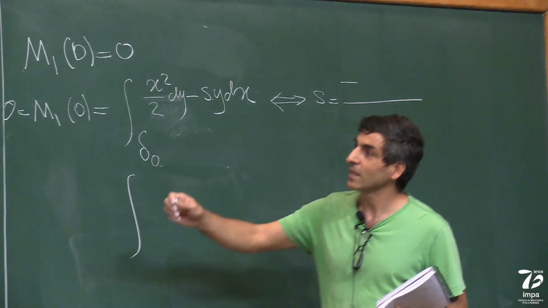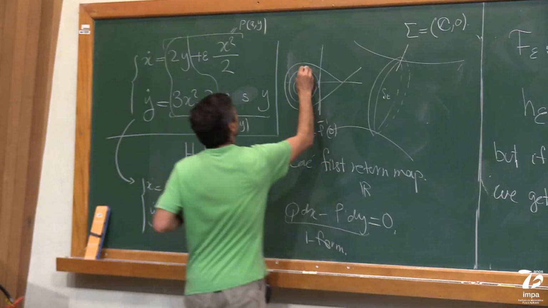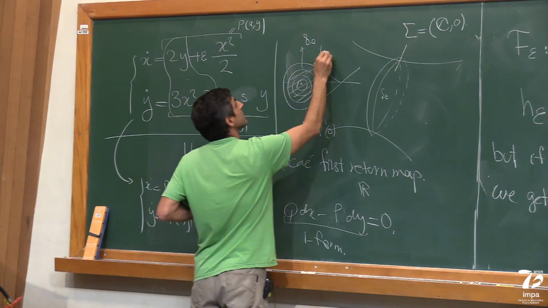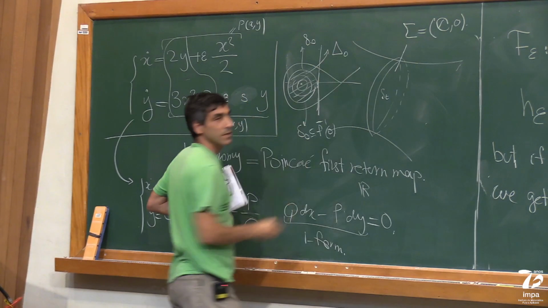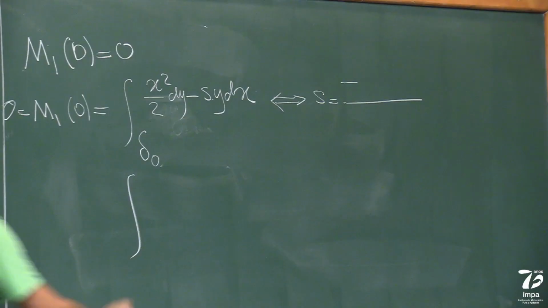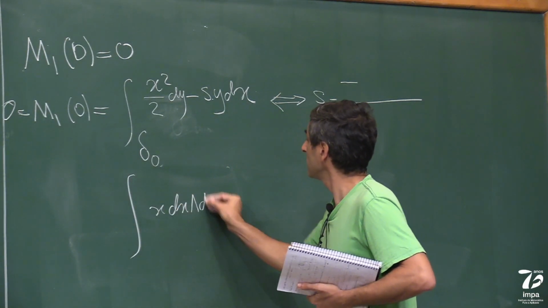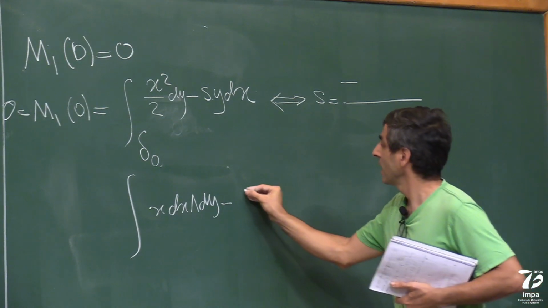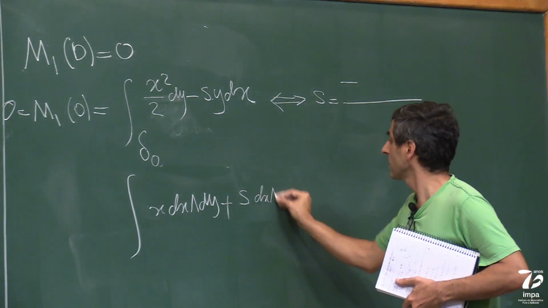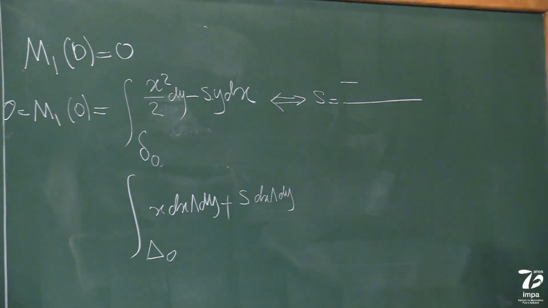So what does Stokes' formula say? This is delta 0, and the inside of this delta 0, let's call it capital delta 0. Using Stokes' formula, this will give x dx y dy minus, actually plus s dx dy over delta 0.